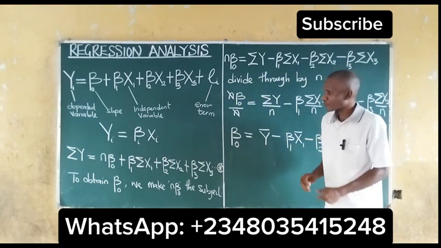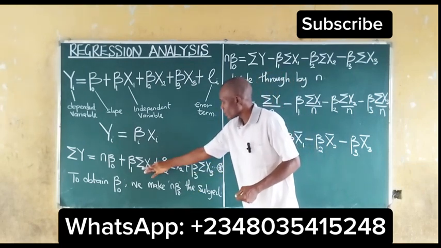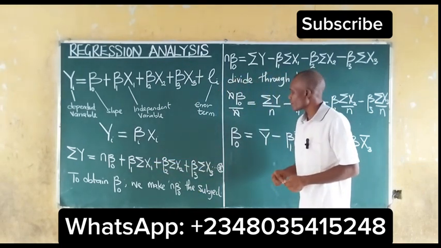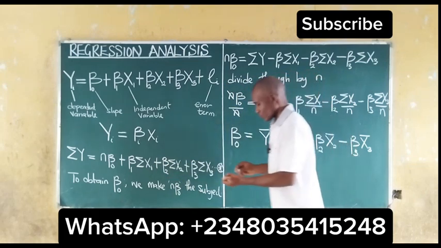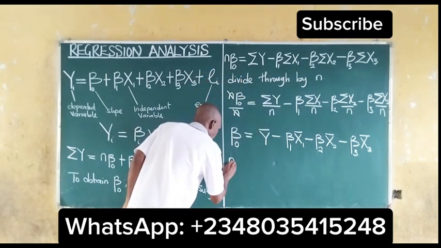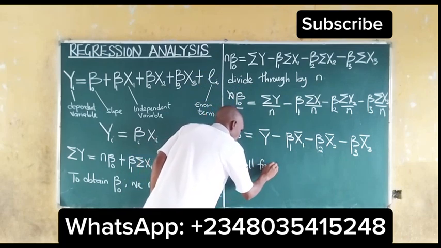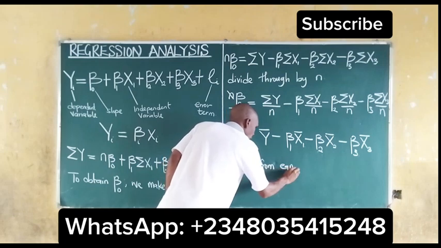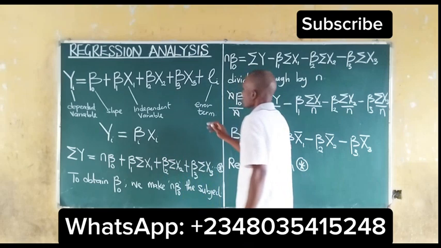So this is our b naught. We now move on. How do we compute these other independent variables? We've gotten our b naught. What we do is that we recall from equation star.